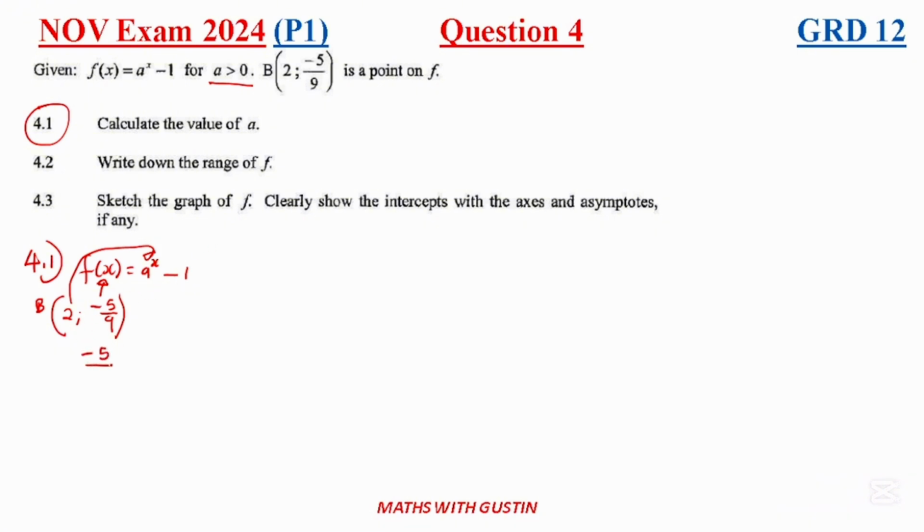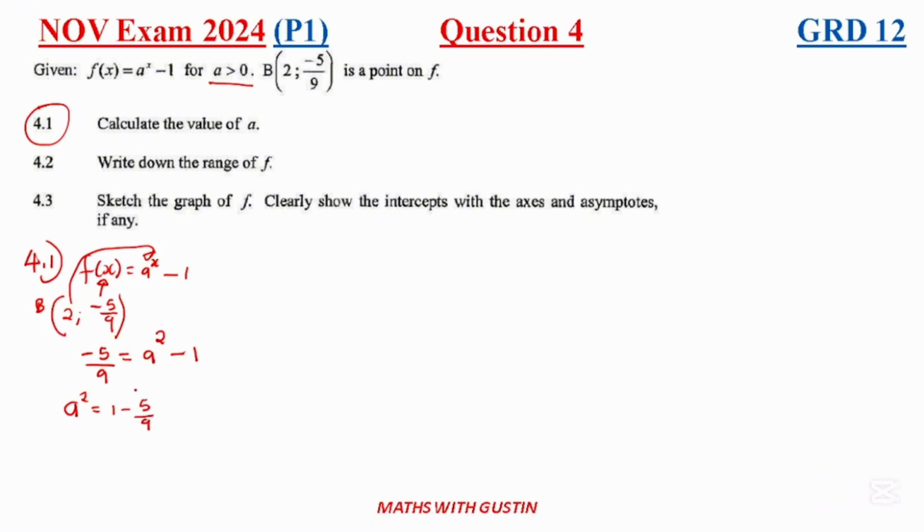Negative 5/9 is equal to a to the power of 2 minus 1. So we can take the negative 1 to the other side, then we're going to have a squared is equal to 1 minus 5/9.